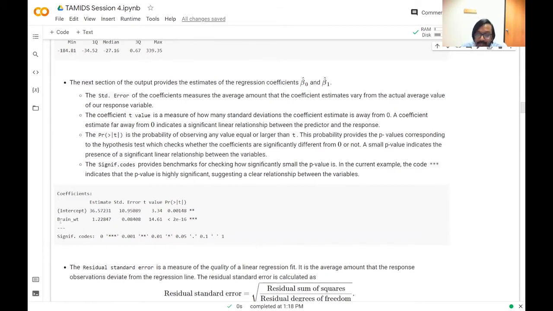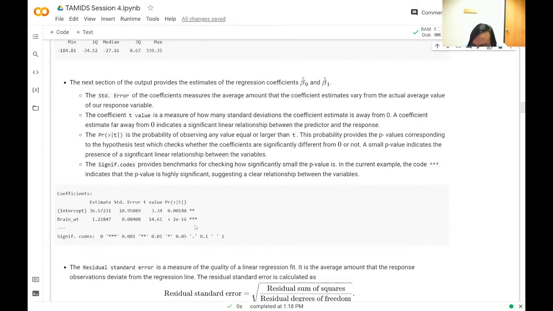Corresponding to the coefficient of brain weight, we get the p-value corresponding to whether the value 1.22 is significantly different from zero or not. Notice that we are particularly interested in the slope term because a slope term equal to zero corresponds to the fact that the predictor and the response are not really linearly related.